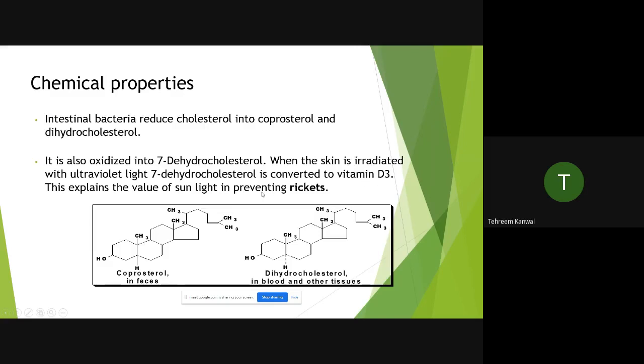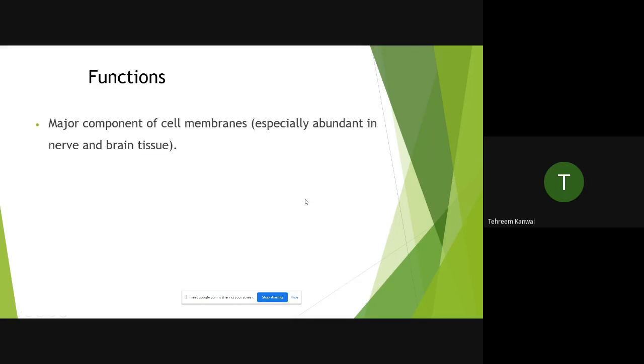If this process is not occurring in someone's body, if there is less vitamin precursor in our body, or if there is less exposure to ultraviolet rays, then it will lead to vitamin D deficiency, and its deficiency will result in rickets, which is abnormal bone formation in children, and in adults it will cause osteomalacia.